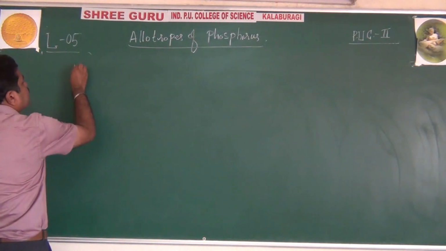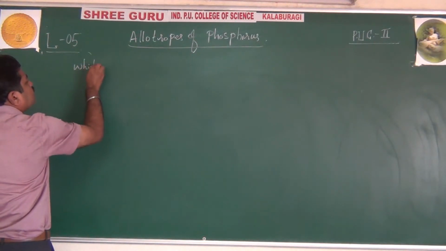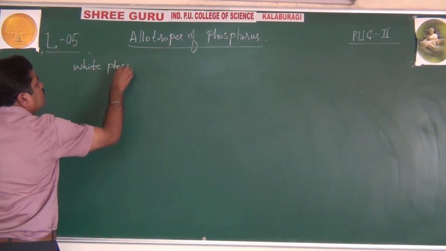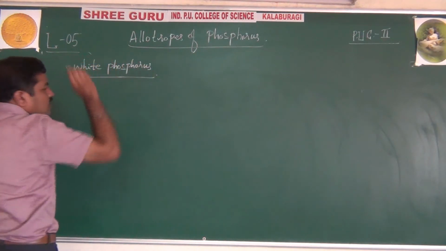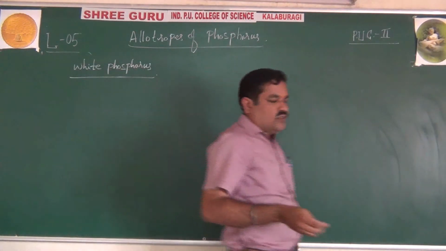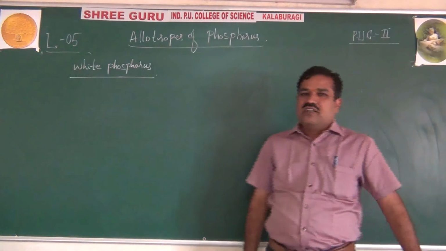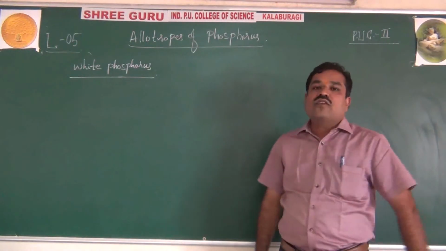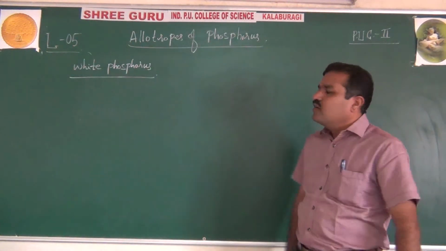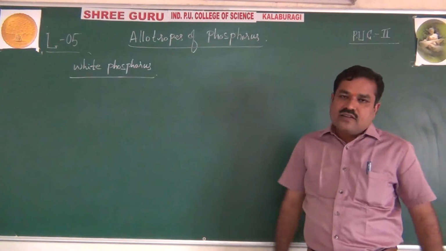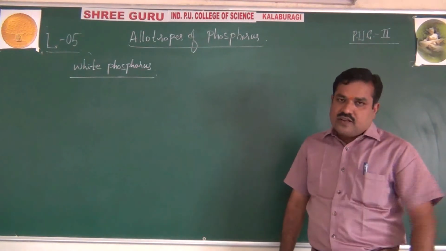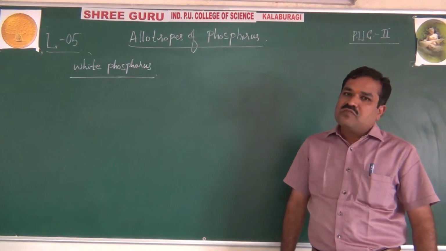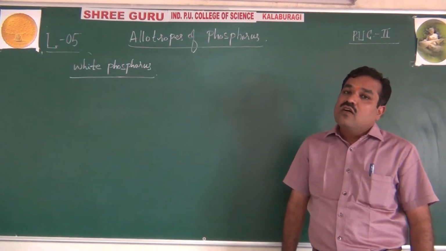White phosphorus. You know that phosphorus exists in a tetraatomic state, that is P4: P4 white, P4 red. Now, structurally, how can we differentiate white phosphorus and red phosphorus? Remember, they are crystalline forms of phosphorus, crystalline solid state, not amorphous.